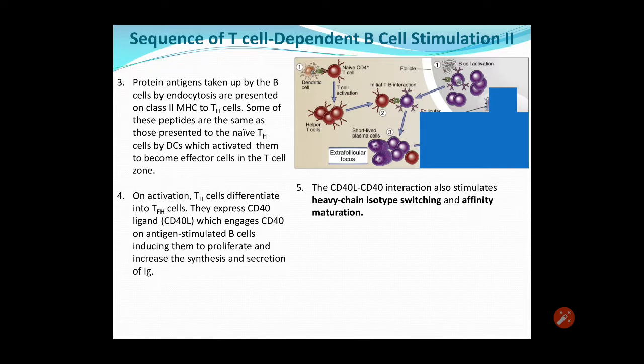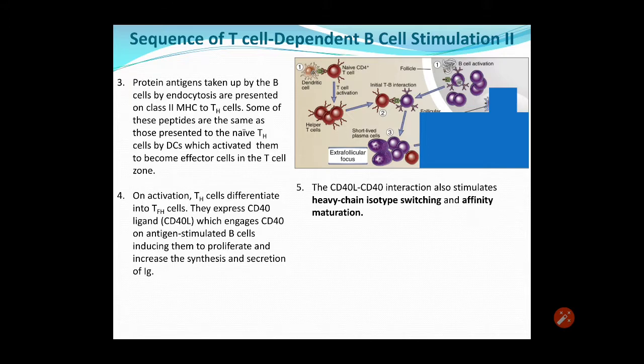We talked about that. Now, once this interaction here happens, where through CD40 ligands, cytokines, and the presentation of that epitope on class 2 MHC by the B cell to the T cell happens, as I said, the B cell gets stimulated into this high-producing antibody plasma cell, but which is short-lived.